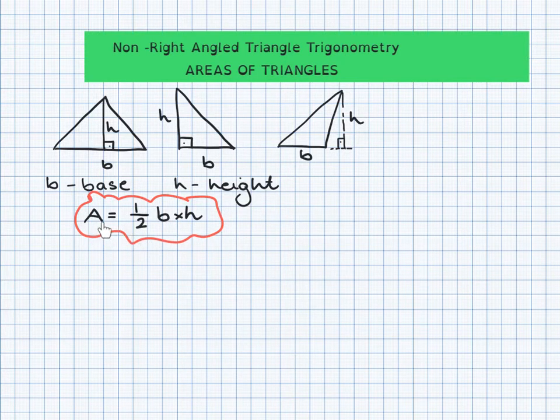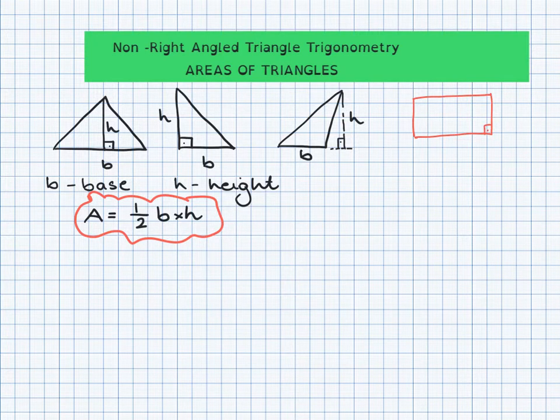It is equal to half of the base times height. And if you do have issues remembering this, I'm quite positive that you are familiar with rectangular shapes. I'm just going to draw one here on the side.